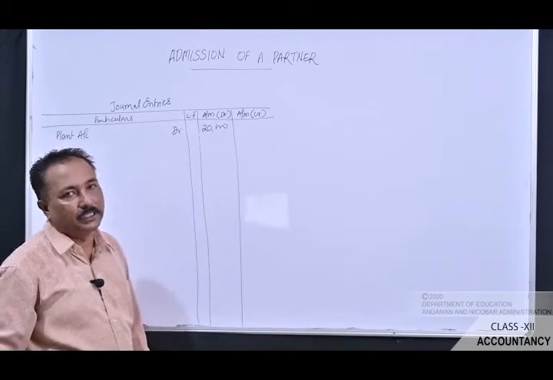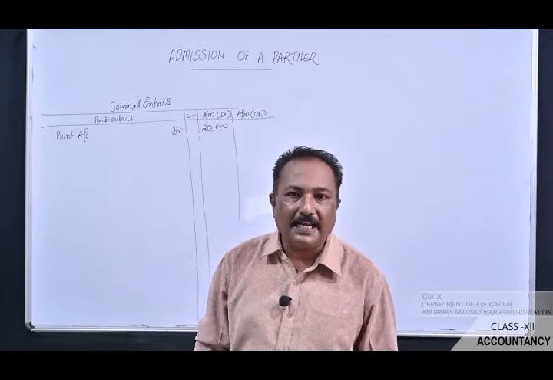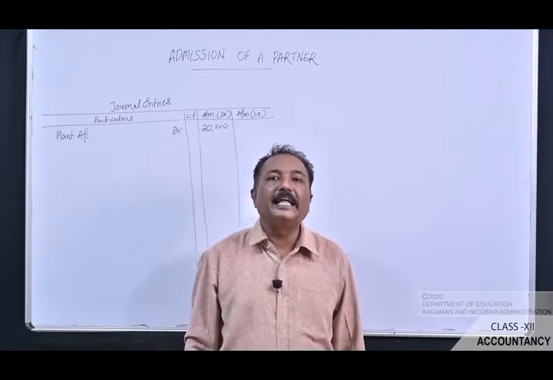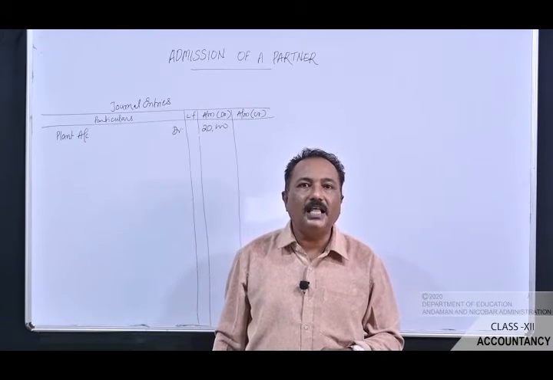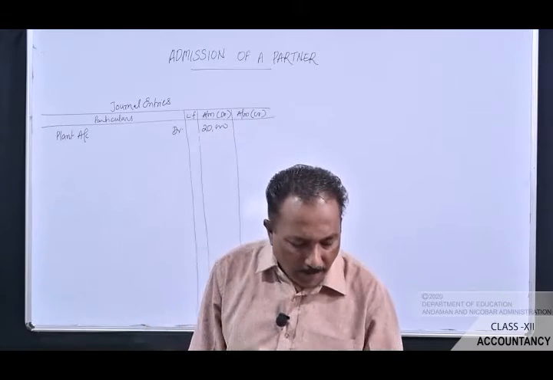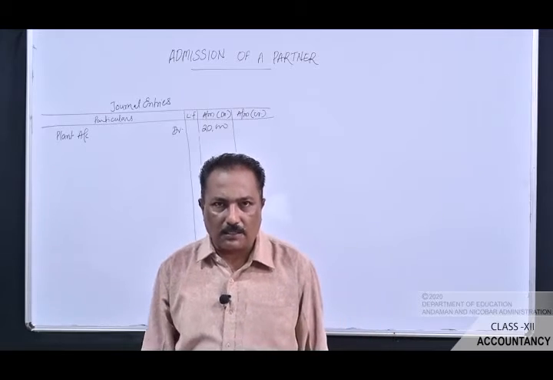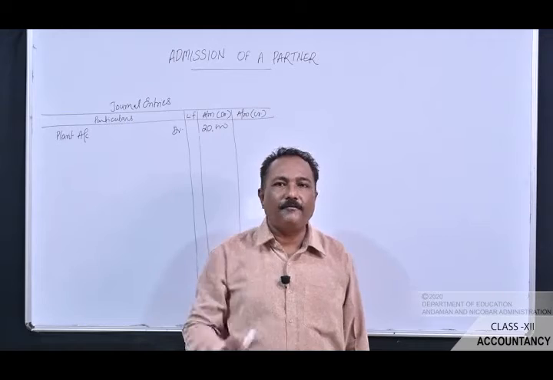So what you have to write down here is plant account debit, and the value of the plant has increased with rupees 20,000. Now let's see the second part of point number 2. It is said the value of the building is appreciated by 10%. Now let's see the value of the building given in the old balance sheet. The value of the building given in the old balance sheet is rupees 1,50,000. Let's calculate 10% of rupees 1,50,000.